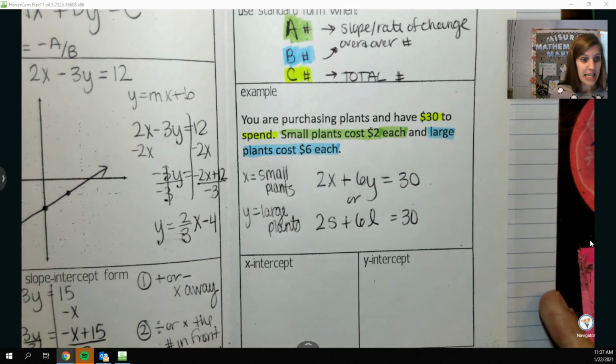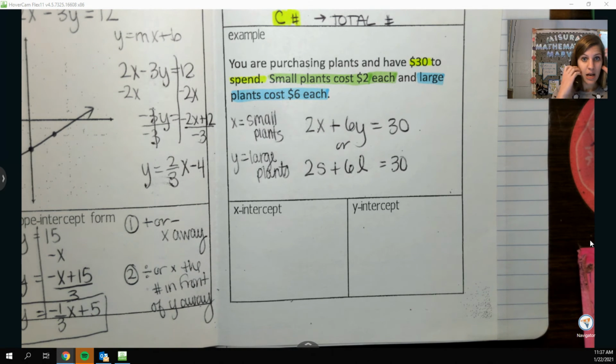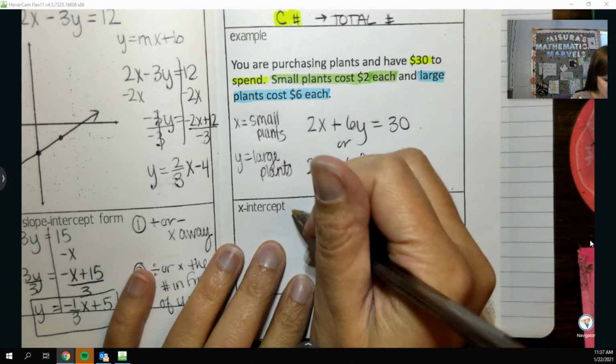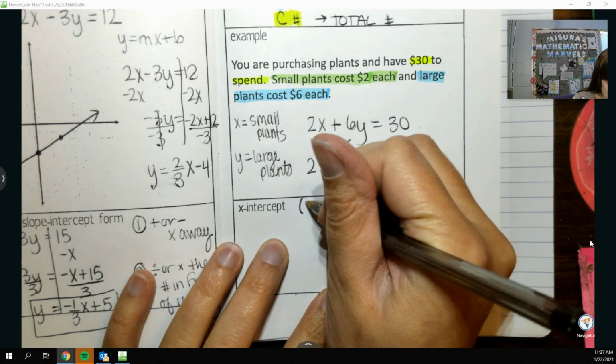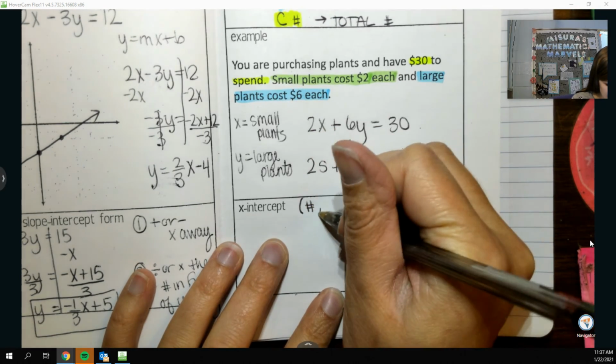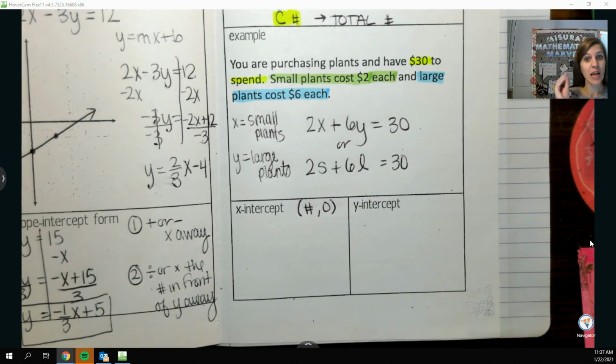Now, the last thing we got here, we talked about a little bit the last time we talked about standard form, and that's our X-intercept and our Y-intercept. Those things are really easy to find when we're in standard form because the X-intercept is always going to be at a number comma 0. So that means no matter what, Y will always be 0.